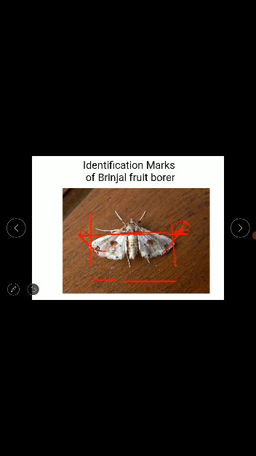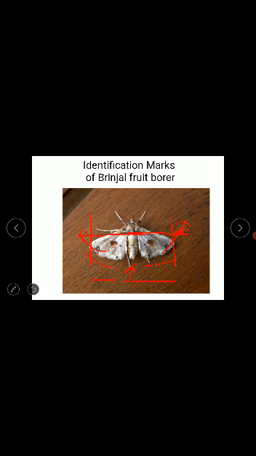If you observe towards the apical and the anal margin, small hairs are present. Okay, so this is the identification mark.